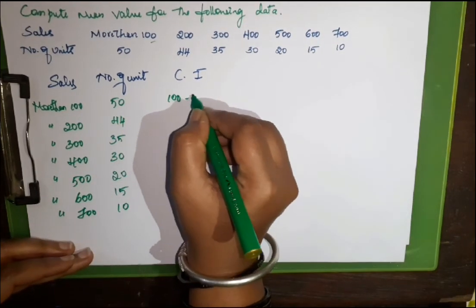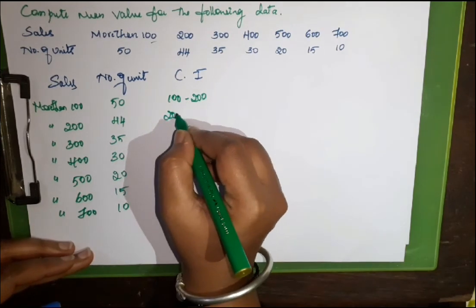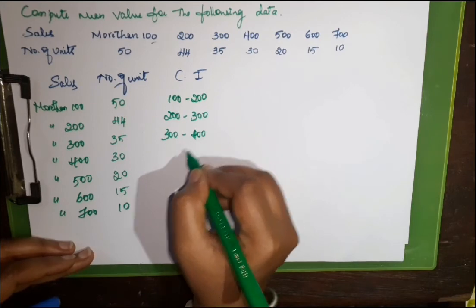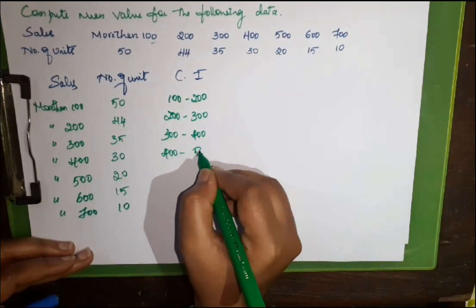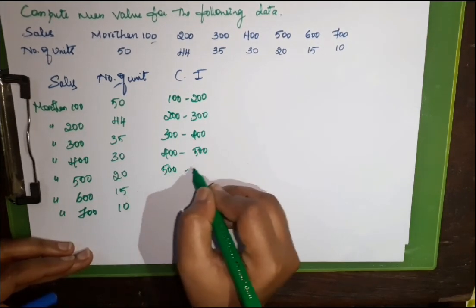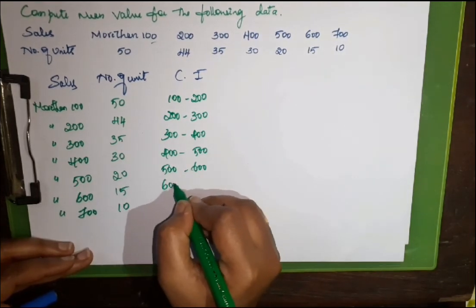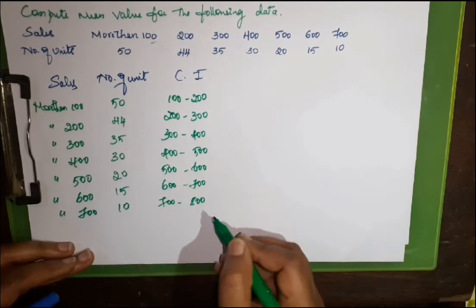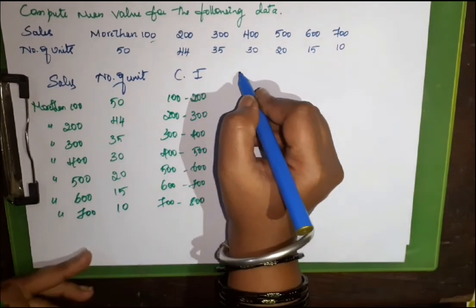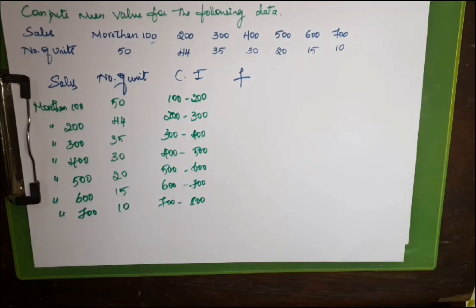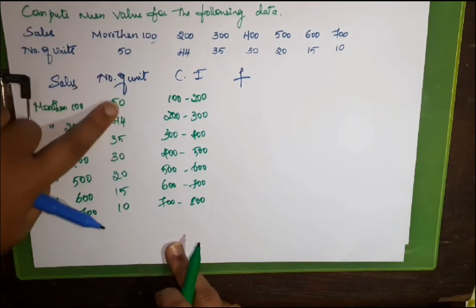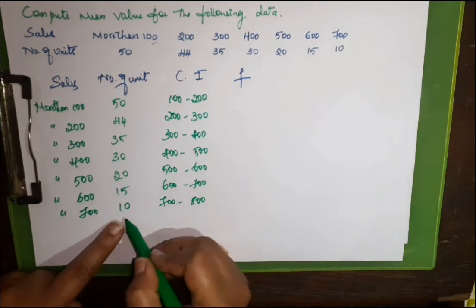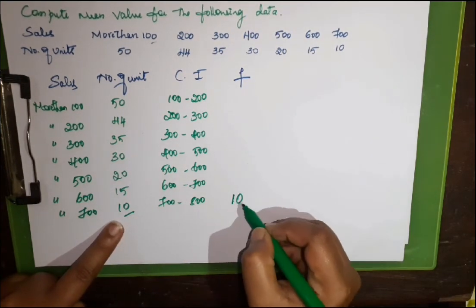So it is 100 minus 200, 200 minus 300, 300 minus 400, 400 minus 500, 500 minus 600, 600 minus 700, and 700 minus 800. So when it is of closed-ended class intervals, you can see the numbers are in descending order. So the last number we have to keep as it is.